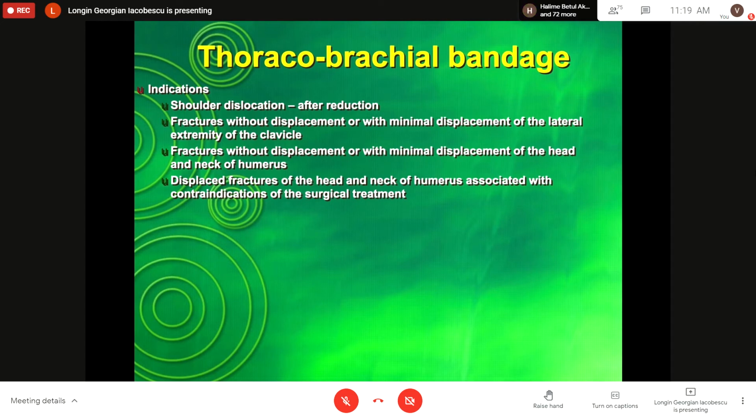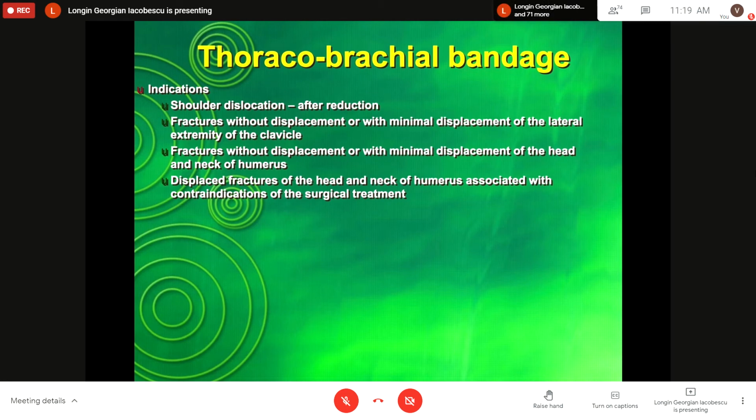Let's make a little explanation. In orthopedics, we have to make a diagnosis through imaging investigation. Usually in orthopedics, we use X-rays, radiological images. Our role is to make a diagnosis.